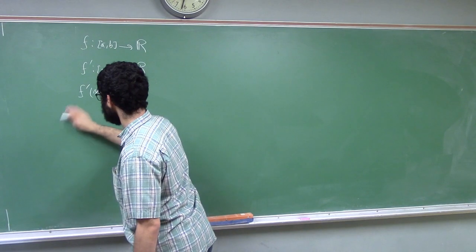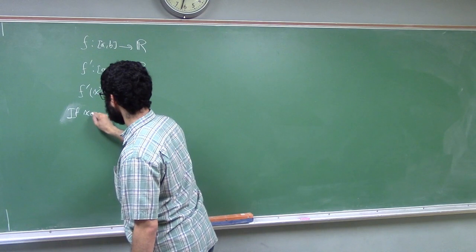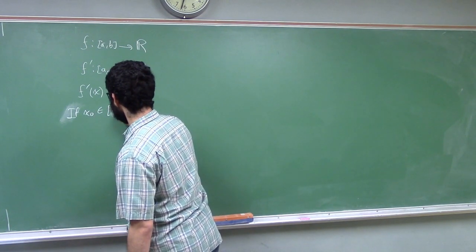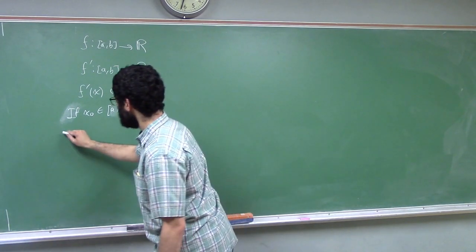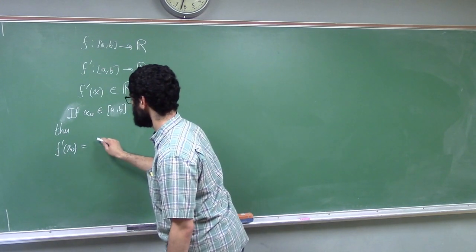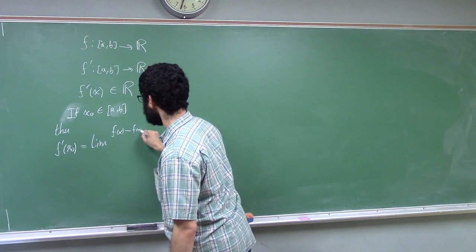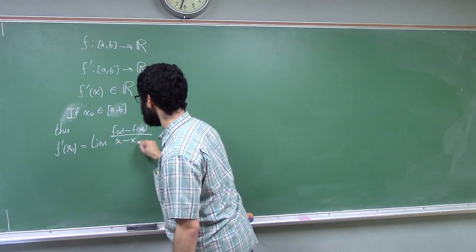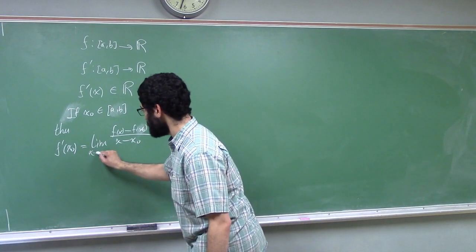So if x naught is in there, then the thing called f prime x naught is the limit of fx minus fx naught over x minus x naught, as x goes to x naught.